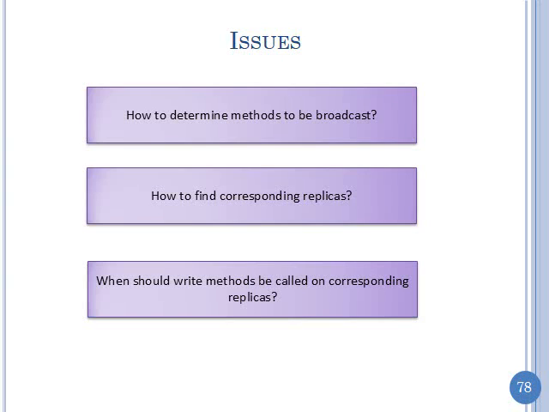So a write method got executed at my local site. When should the corresponding write method be called at the other end? We know that's a corresponding replica. We know it's a write method. We know exactly what to do. We're going to execute the write method on the corresponding replica of the remote object. We know that. We have full power. Now the question is when.